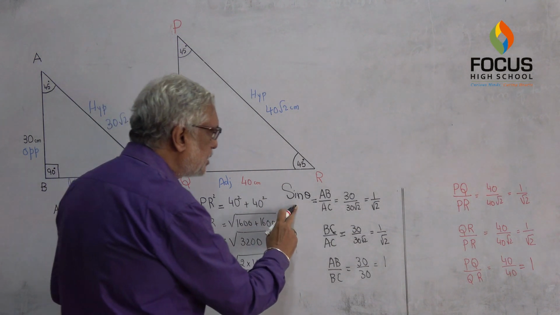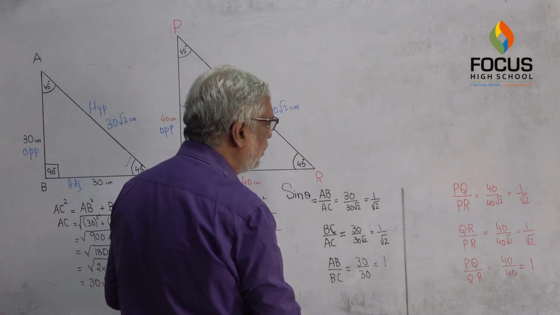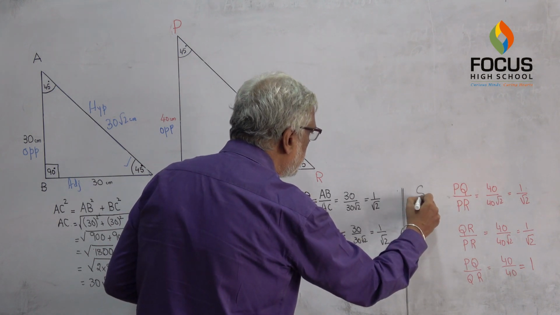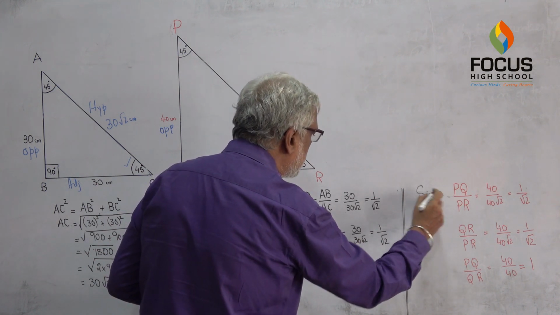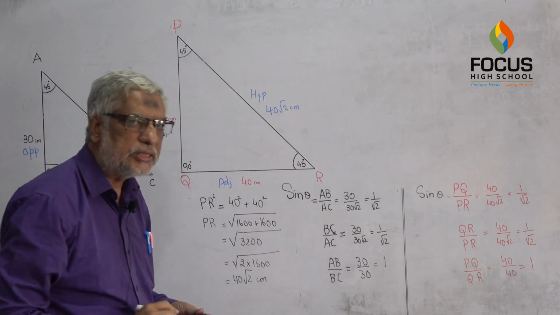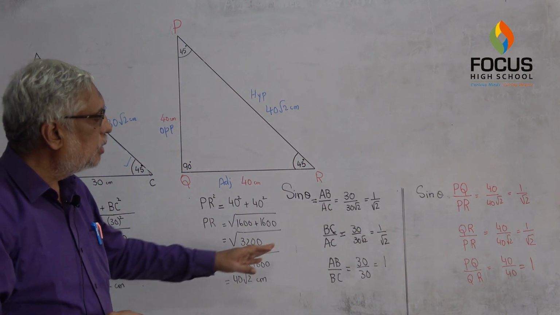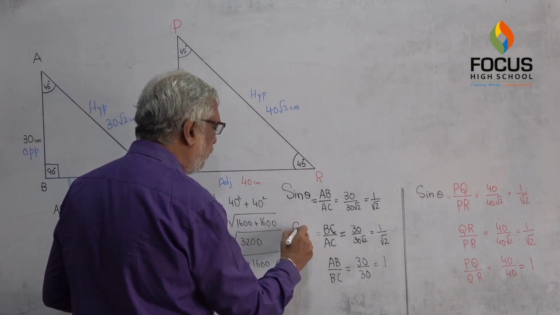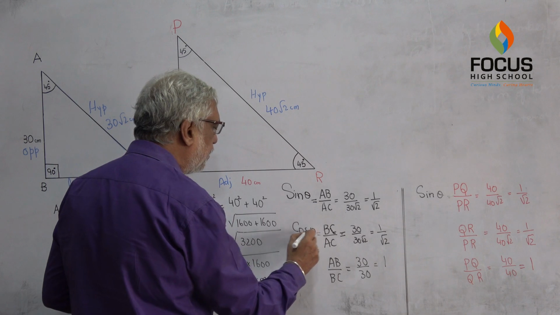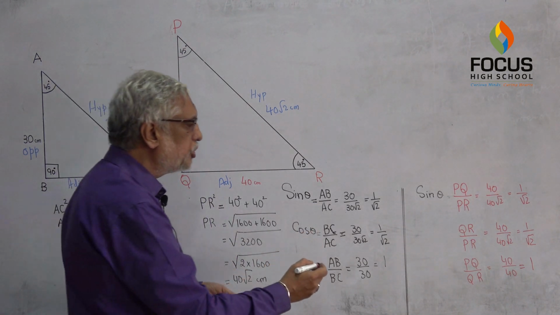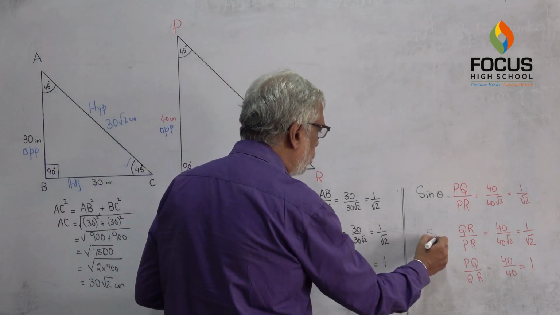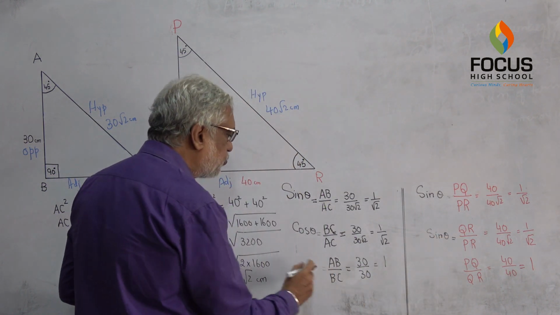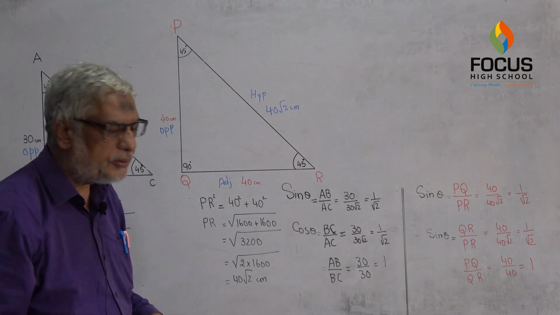So whether this is 30 by 30 root 2 or it is 40 by 40 root 2, sine 45 will remain the same, 1 by root 2, in both the cases. Now, if it is adjacent by hypotenuse, we call it cos theta. Here also cos theta remains the same, no change at all, irrespective of the length of the sides of the triangles. Only what is fixed? Fixed is the angle 45 degrees.